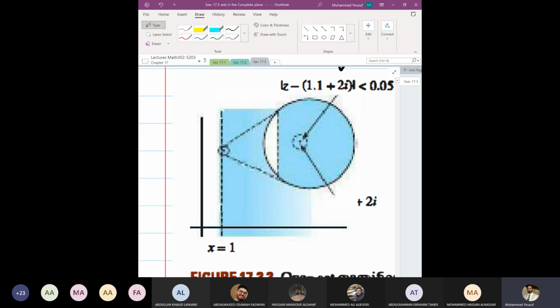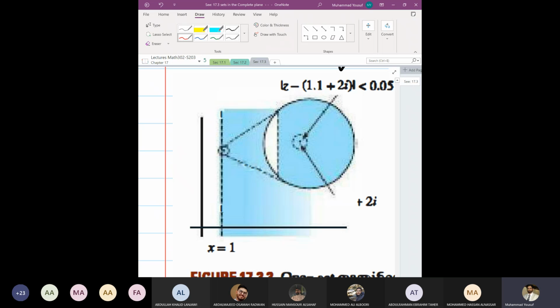This neighborhood has some area which is not inside this set S. But if we make the radius smaller than this, no, sorry, my mistake.